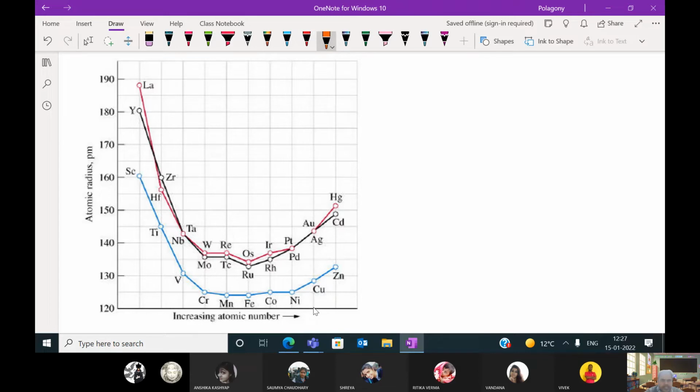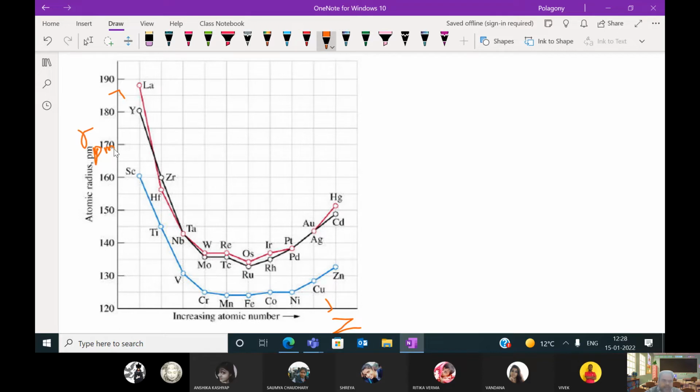If you want to know the trends in atomic size of the 3D, 4D and 5D series with increasing atomic number, how the atomic radius varies: atomic number is taken on the x-axis, and atomic radius of the elements is taken on the y-axis. Atomic radius is measured in picometers.